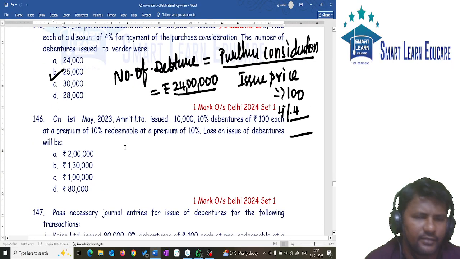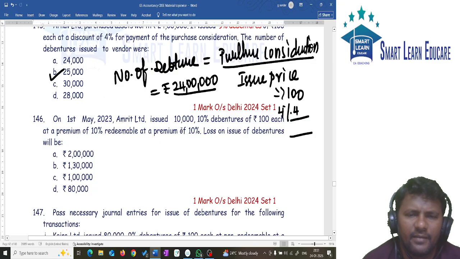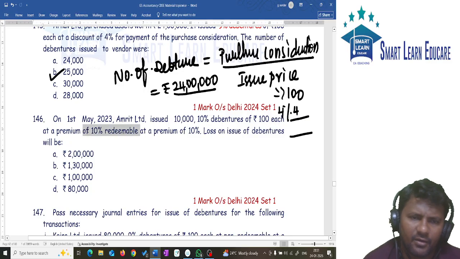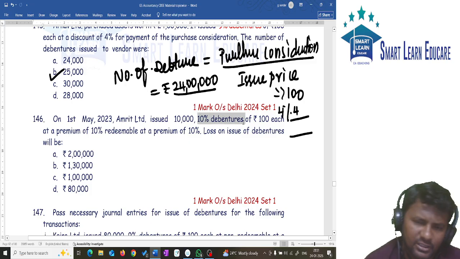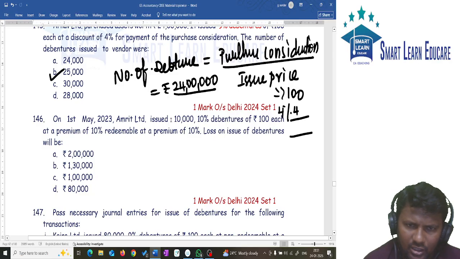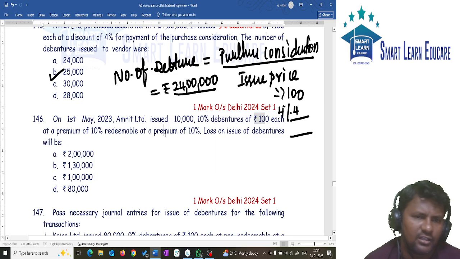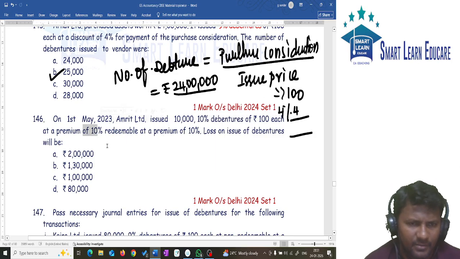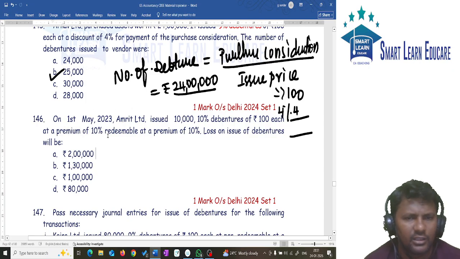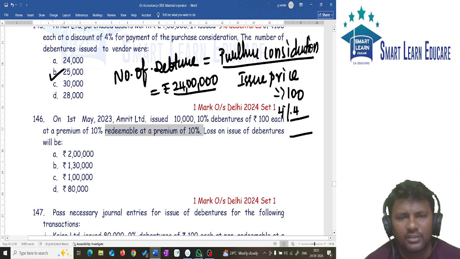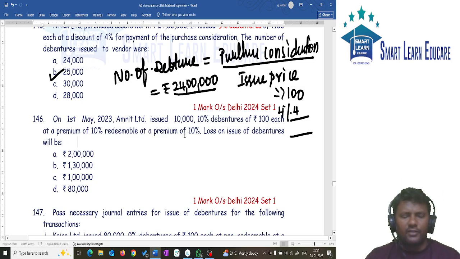Question number 146. On 1st May, A Limited issued 10,000 number of debentures, 10% is the rate of interest, of rupees 100 each at a premium of 10%. Debentures are issued at a premium of 10%, redeemed at a premium of 10%.